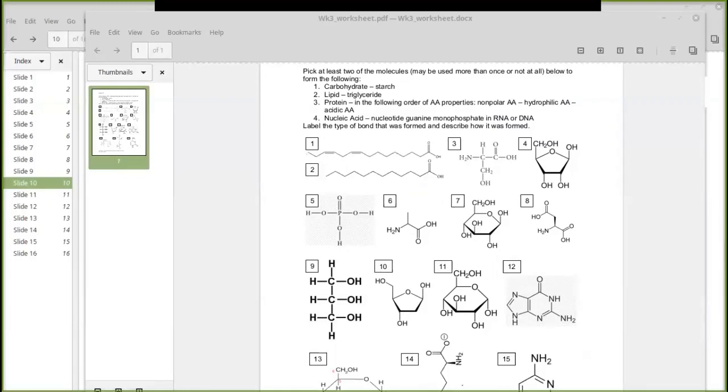So pick out the correct sugar that you use to form DNA.